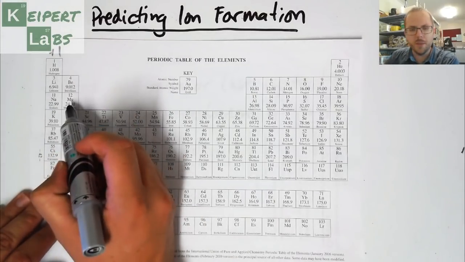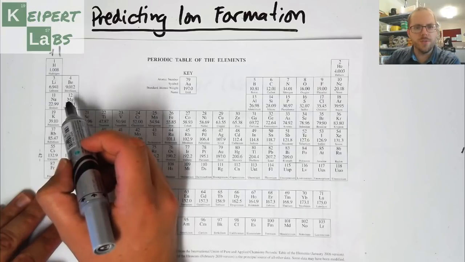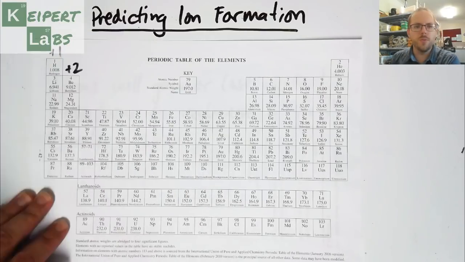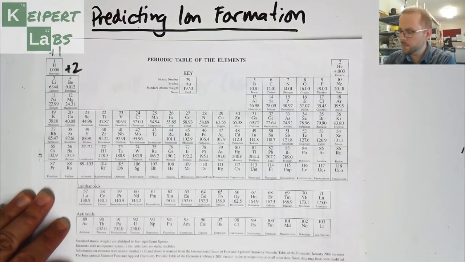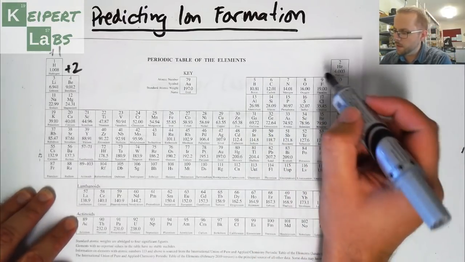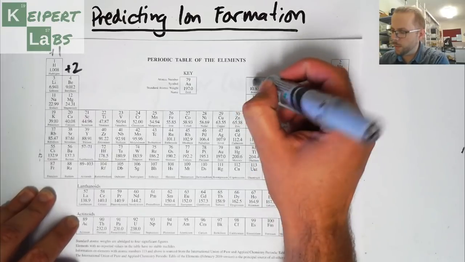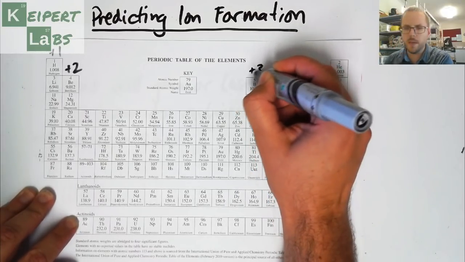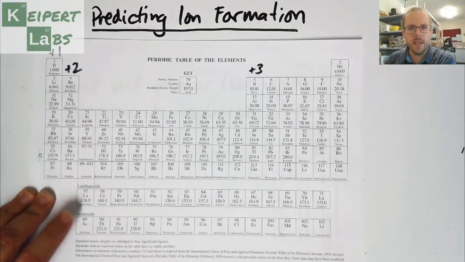We looked at magnesium and it would lose 2 electrons to leave a full outer shell, so ones in group 2 will form a +2 ion. And then things like aluminium would lose 3, so we would form a +3 ion.